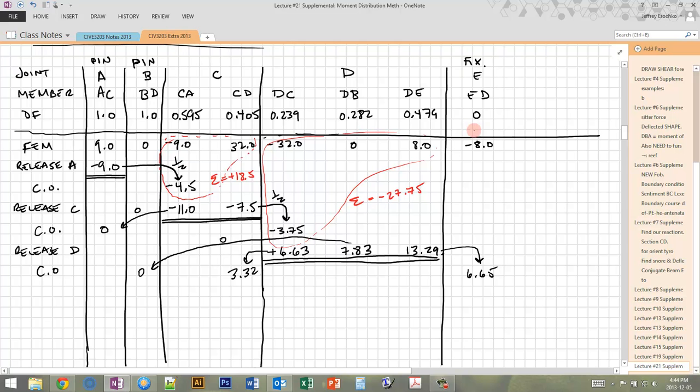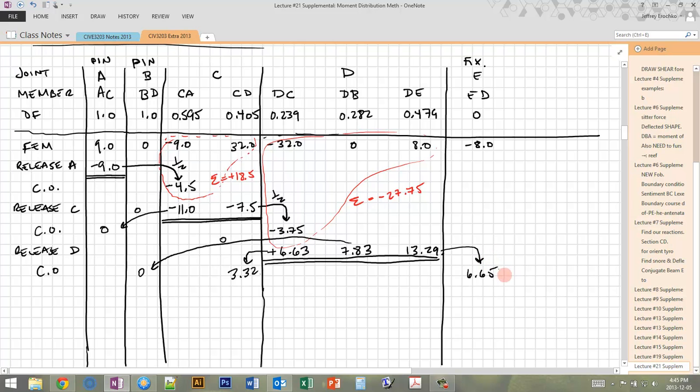Okay. So now, what do I do now? Do I move on to E? Well, no I don't. Because this fixed end, although we're considering all the joints to be fixed at the beginning, this fixed end at E is actually fixed. So we can't actually release it to put it in equilibrium. Basically, any moment that gets carried into ED, which is the end of DE at joint E, any moment that gets carried into that joint sticks there. It's always going to stay there because we can't release it to put it in equilibrium because the joint is fixed in reality.